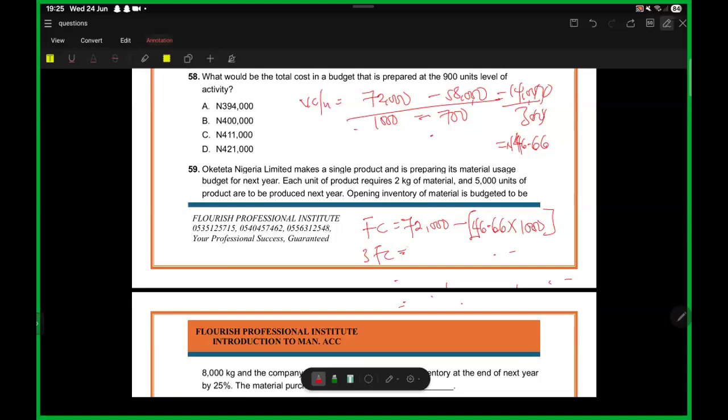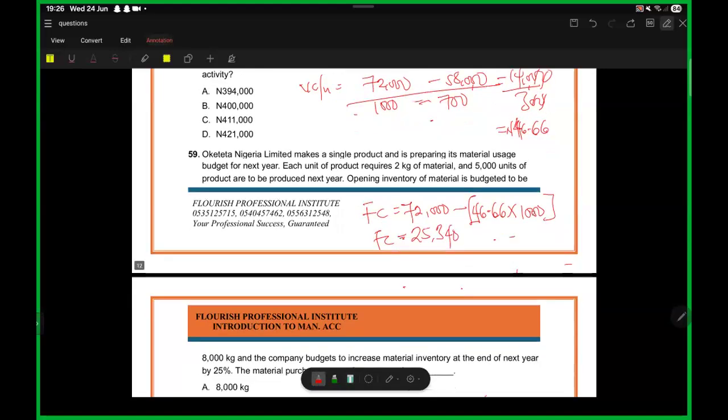Let's do it very fast. 25,340. Okay, so this is the total fixed cost function.